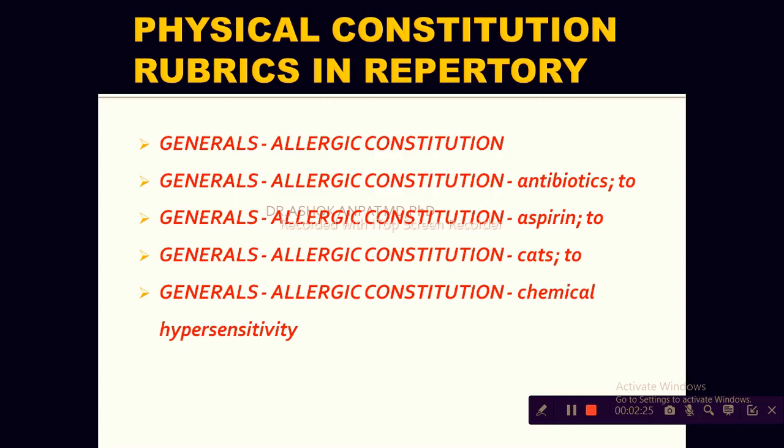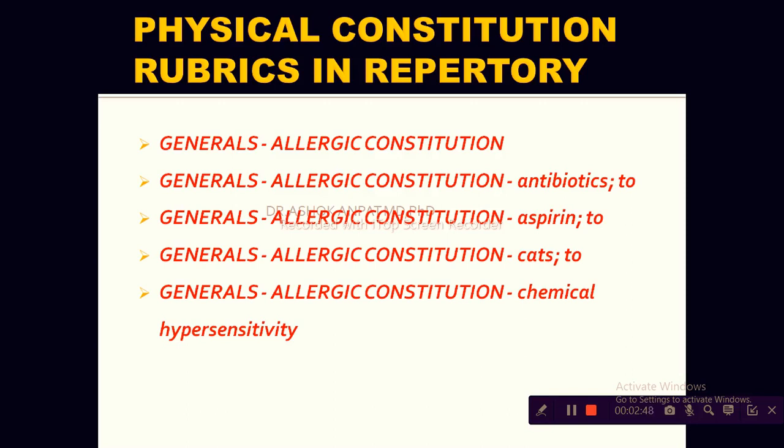The second important one, if you go deeper into this rubric, is general allergic constitution, antibiotics too. If the patient is narrating his complaints or pointing out the particulars that he or she is allergic to antibiotics, then you can take it. Otherwise, just take the general rubric and enter the case.